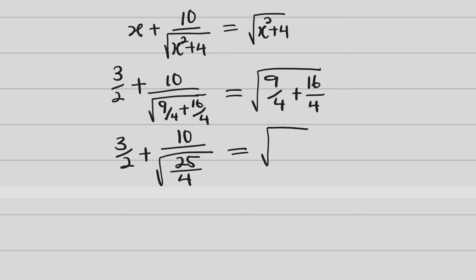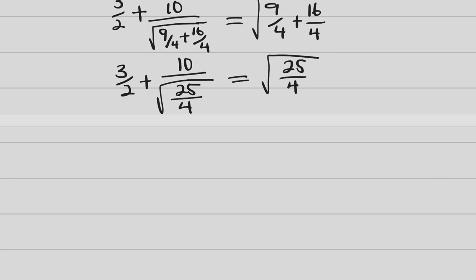This is also square root of 25 divided by 4. 3 over 2 plus 10 divided by square root of 25, which is 5, and square root of 4 is 2. This is equal to the same value, 5 divided by 2.